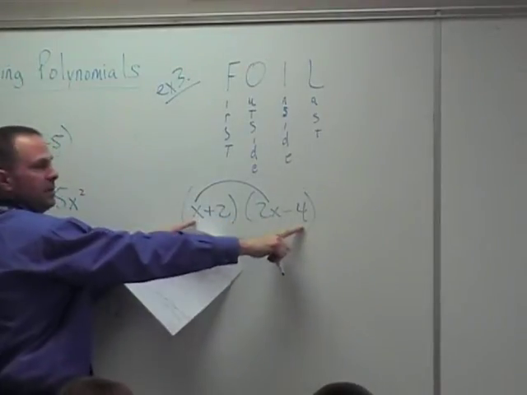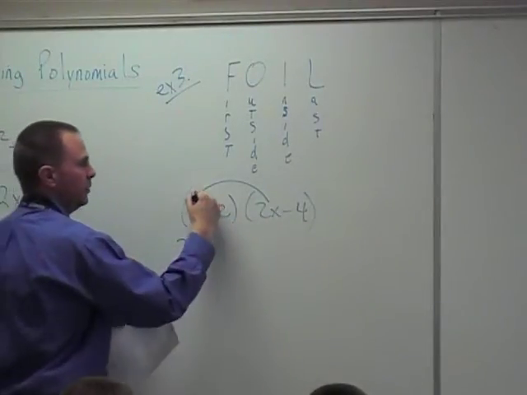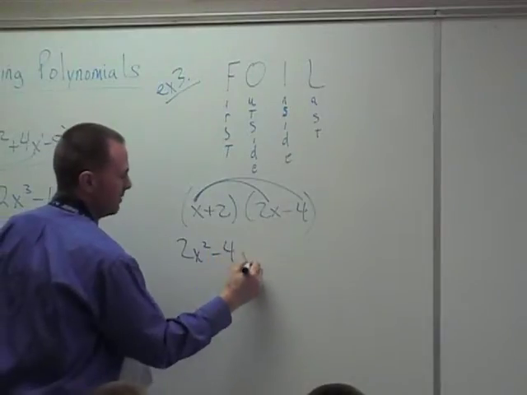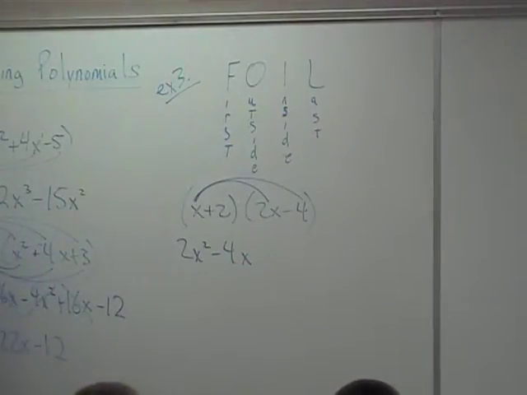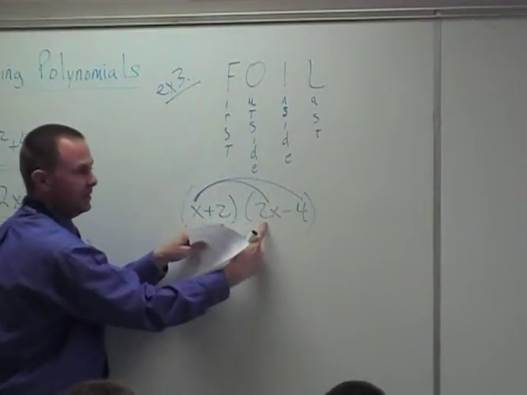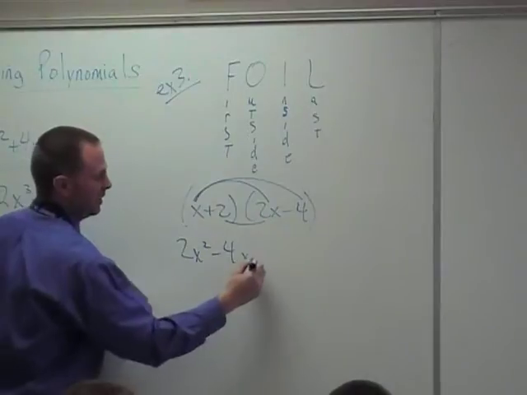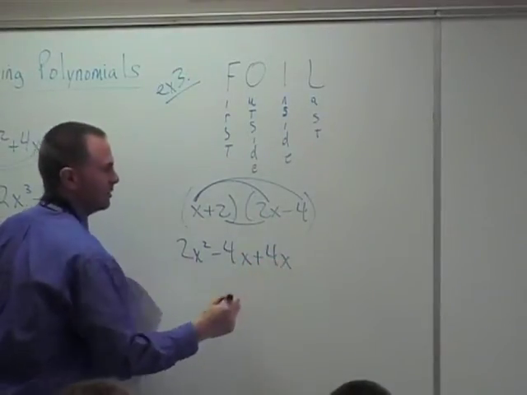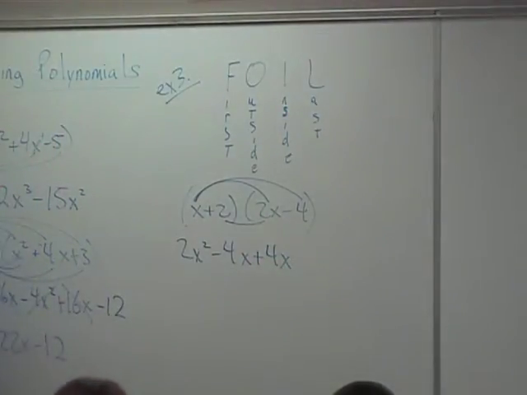So these two are the outsides. X and minus 4. Minus 4x, right? And didn't you do that? Okay, then you have the insides. The inside would be these two. 2 times 2x is 4x. Well, didn't you do that third? Right?